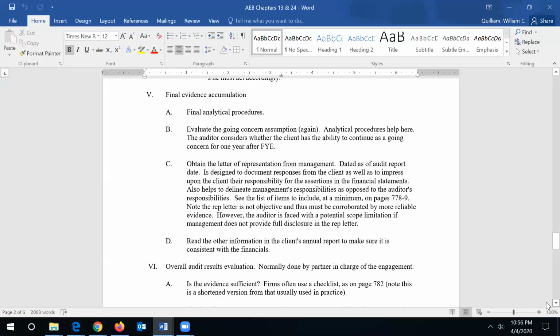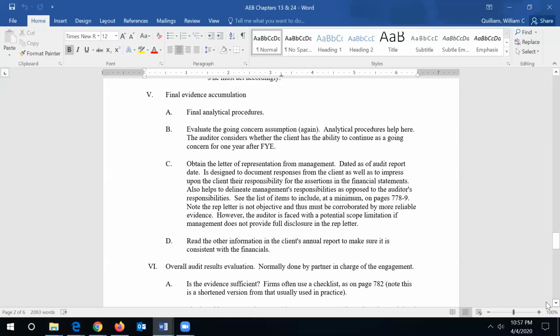We can note that this rep letter is not objective and thus must be corroborated by more reliable evidence. Because after all, this is coming from the client, so it is not objective. So in no way does this relieve our evidence gathering responsibilities. However, the auditor is faced with the potential scope limitation if management does not provide full disclosure in the rep letter.